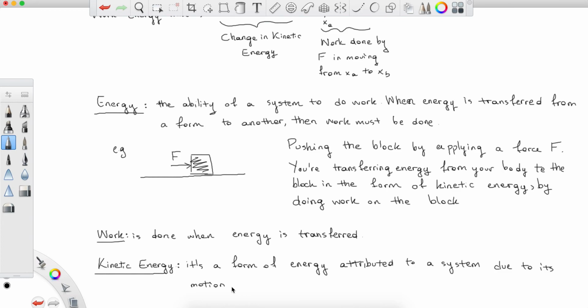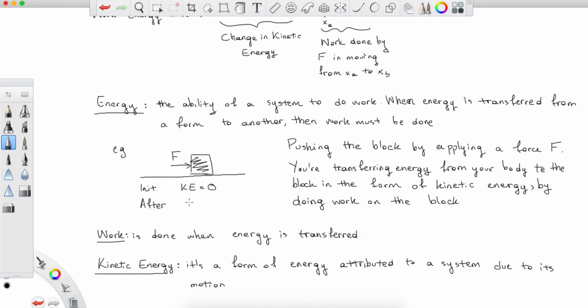So returning to the case of our block right here, initially, what is the kinetic energy of the block? It's not moving, so since kinetic energy is attributed to a system due to its motion, the kinetic energy is zero. Instead, after you have applied the force, what is the kinetic energy?